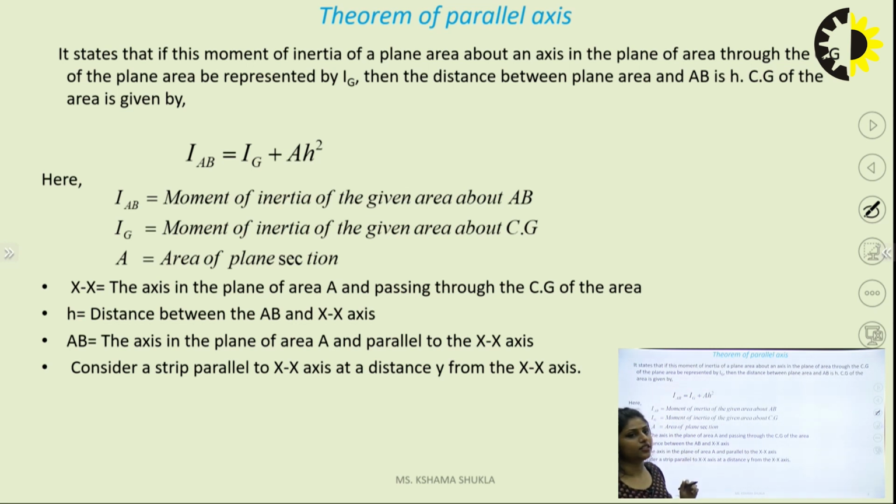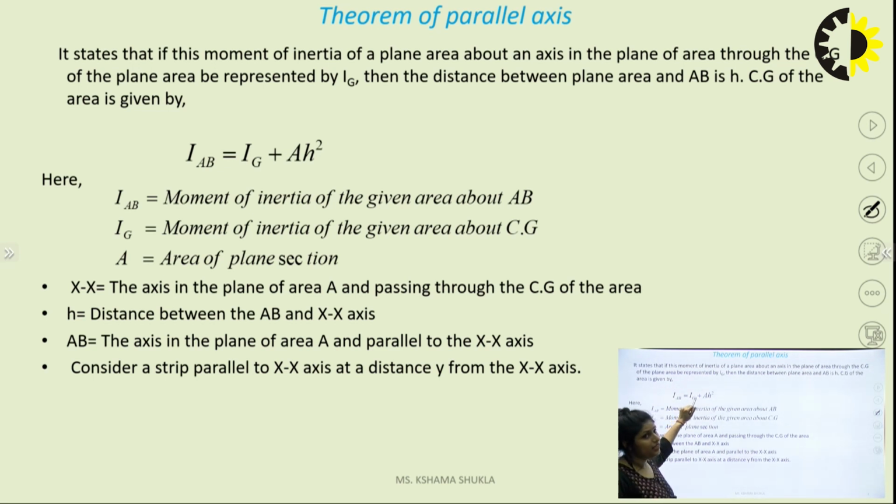In our previous lecture we discussed it a lot. Here I can define the parallel axis theorem and the perpendicular axis theorem. With the parallel axis theorem we can easily find the moment of inertia about any axis with respect to our centroidal axis.